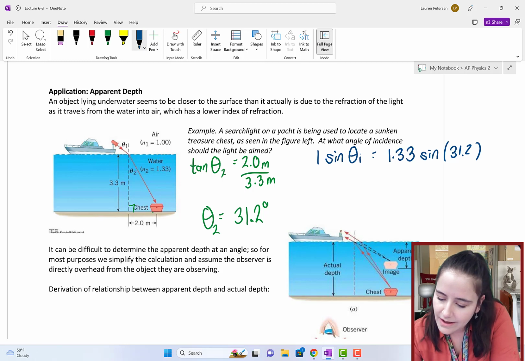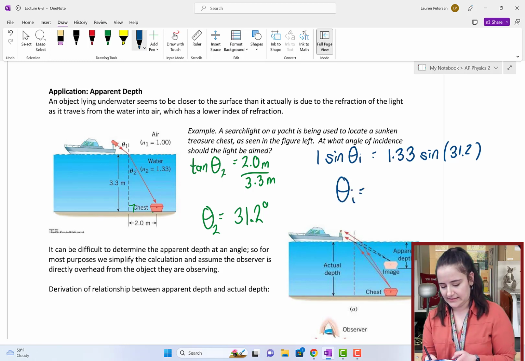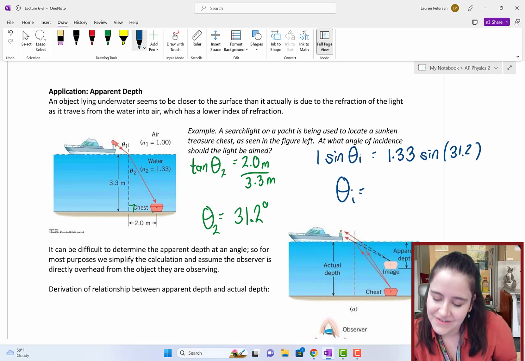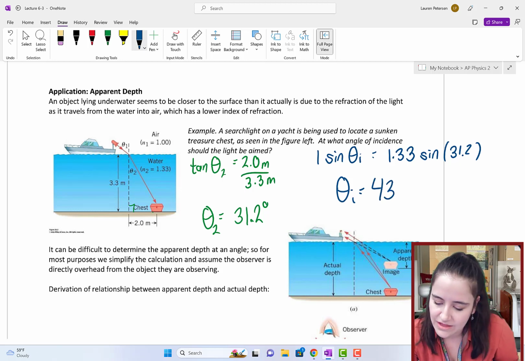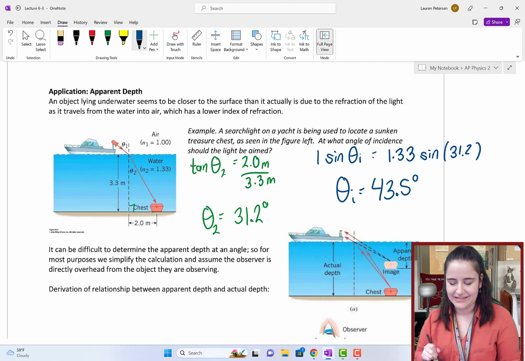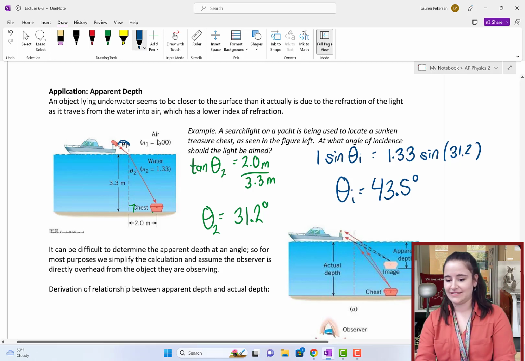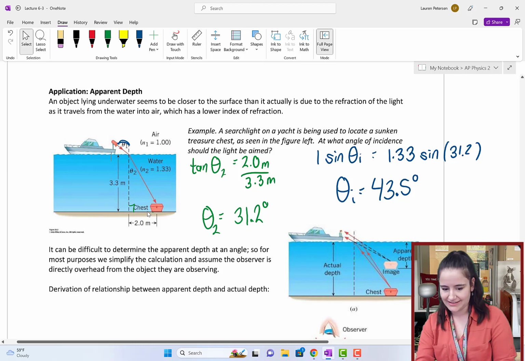So we do the algebra, and then I take the inverse sine of it, okay, and you get an angle of incidence of 43.5 degrees. So that's this angle that we should shine the searchlight at to see that sunken chest.